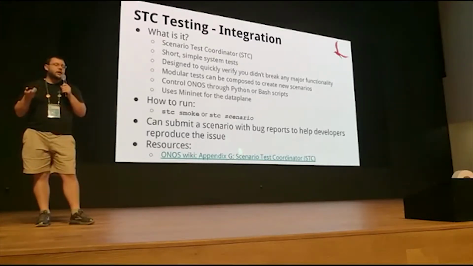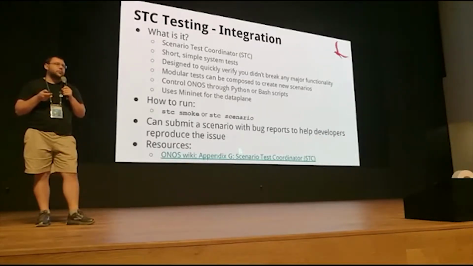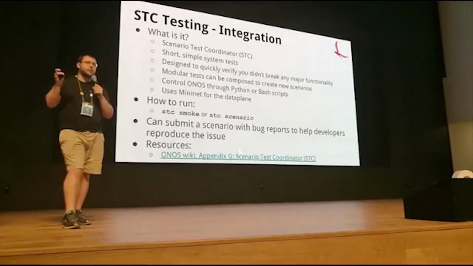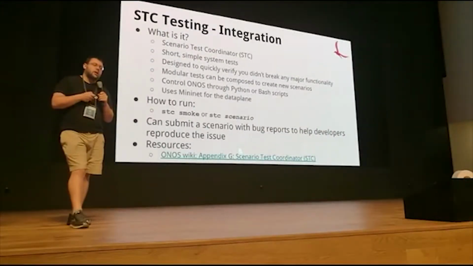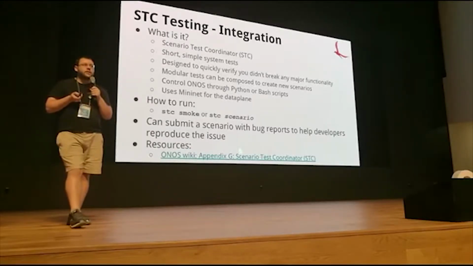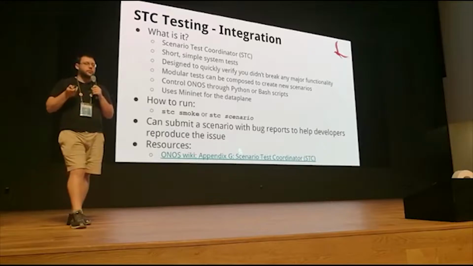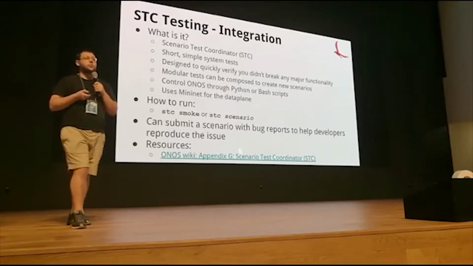To run the tests locally, you can do stc smoke, which is a simple scenario that combines some of the more common tests, or you can write your own scenario and run stc with the name of the scenario. A great way, if you find a bug that you can easily reproduce and you want to help developers reproduce the issue, is to write a scenario and submit it with the bug report.